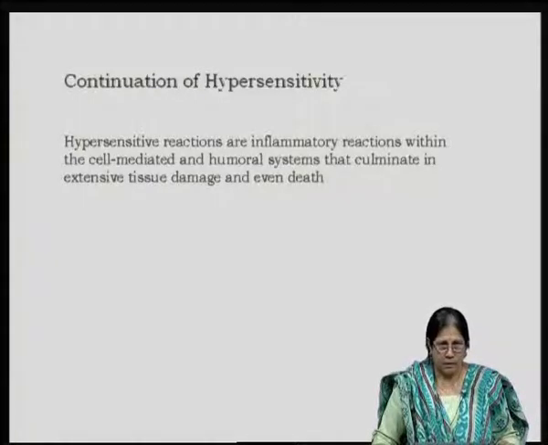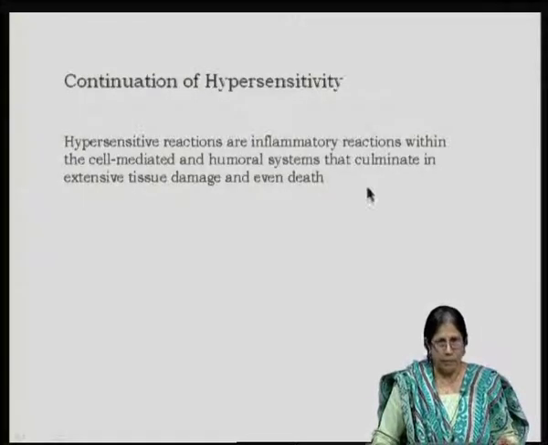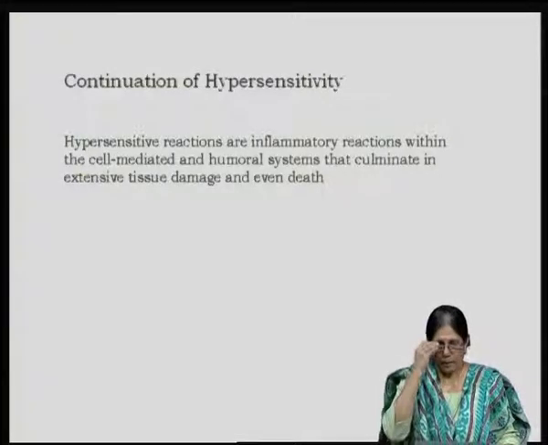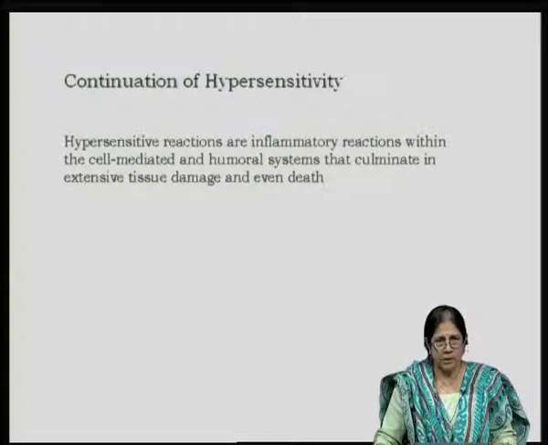death. Just to reiterate the same thing, under normal circumstances, when we are invaded with pathogens, then our immune system, both cell mediated as well as humoral immune system, are able to mount an immune response by way of localized inflammatory reaction.